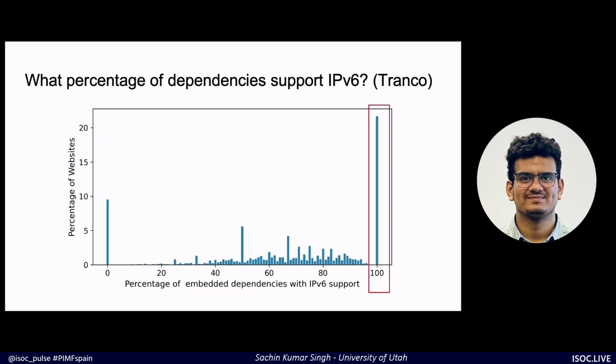For example, the bin at 100 shows that for Tranco, around 23% of the Tranco sites have all their dependencies reachable over IPv6. The rest are spread across the middle, meaning partial IPv6 support. The main site may be on IPv6, but some of its resources are still on IPv4 only.